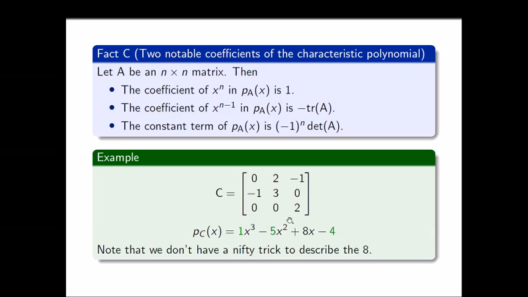And if we compute its determinant, we would get that the determinant is, I believe, 4. So the constant term is minus 1 to the 3 times 4, and that's minus 4. So we don't really have a neat little trick to describe this 8, or actually we do, but I'm not ready to talk about this, and it's not as simple as the trace quantity or the determinant quantity.